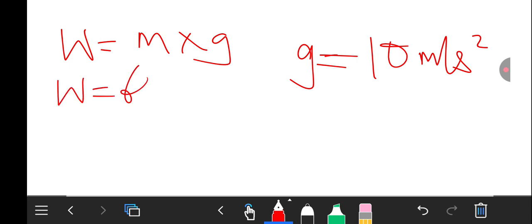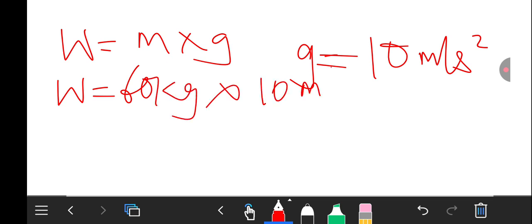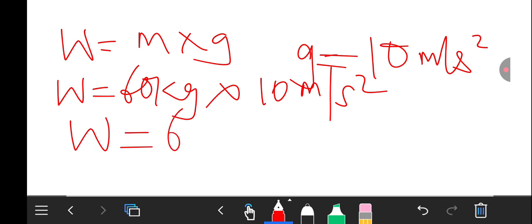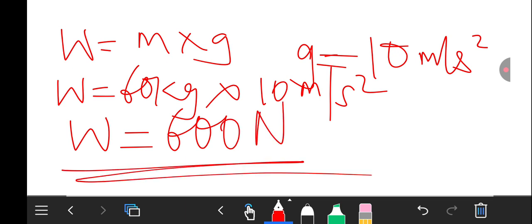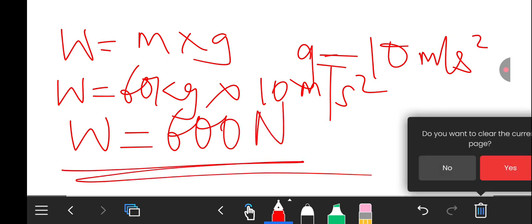Mass is 60 kg multiplied by 10 meters per square second. So our weight will be equal to 60 times 10, that is 600, and the units are newtons. So basically this is how you can calculate the weight, and this is on Earth.